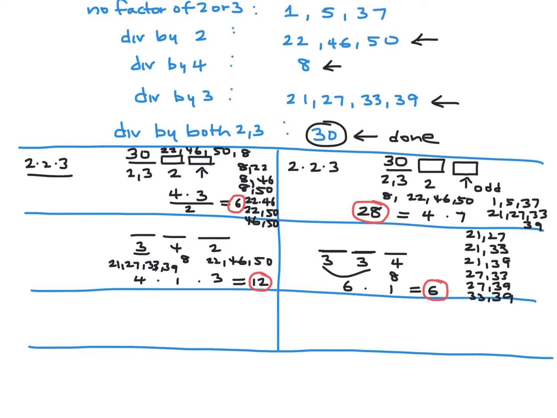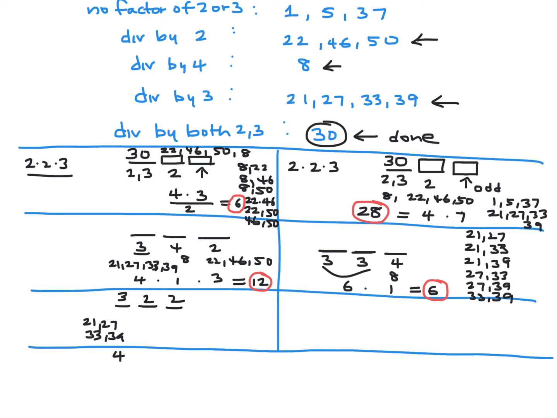The next one will be a 3, 3, 2, 2 scenario. So the numbers that are divisible by 3, there's 21, 27, 33, and 39. So there's 4 of those guys. And then the numbers that are divisible by 2, let's see here.